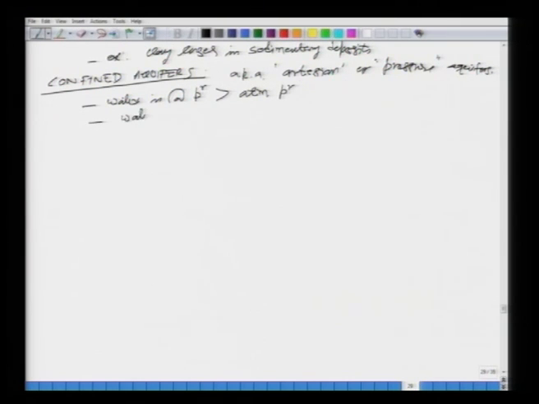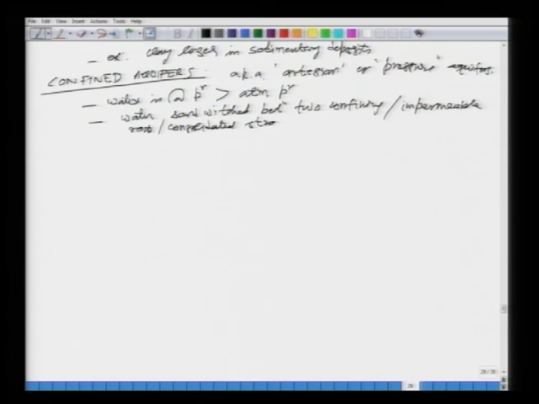Second one is the water is sandwiched between two confining or impermeable rock or consolidated strata. Okay.